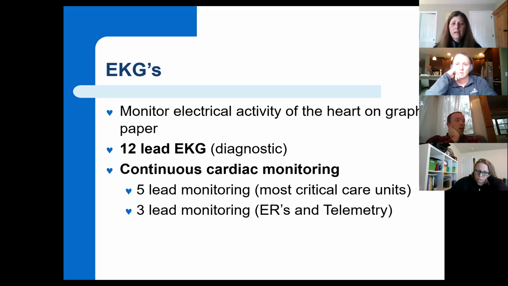So you might see a variety of things. But for diagnostic purposes, the 12 lead is the way to go. And when somebody comes into the ED with chest pain, the tech knows, hey, I've got 10 minutes to get a 12 lead EKG on this person and have the printout ready to go so the doctor can look at it. So again, that's 12 leads going to the arms, the legs, and all across the chest.